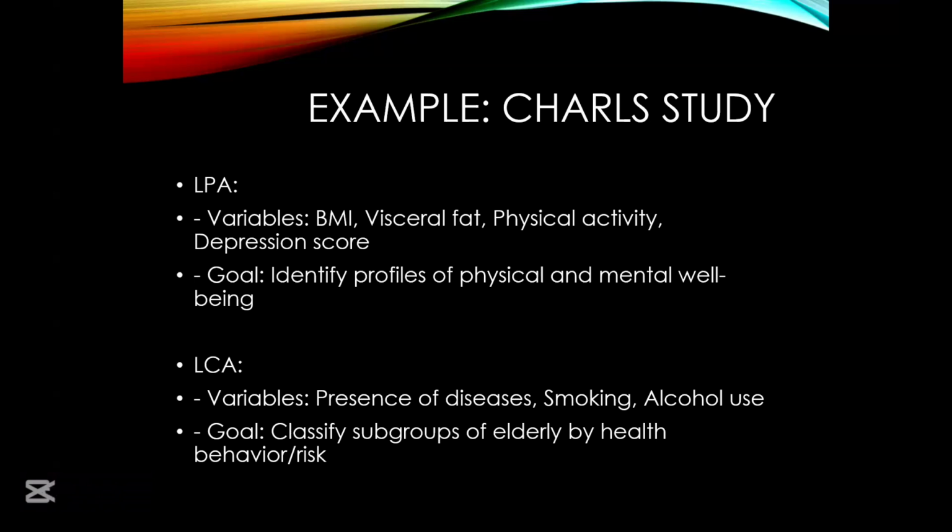And if you want to apply the LCA method, then you want to consider variables such as the presence of some diseases, alcohol intake, or even smoking status. And then here you're going to classify the class groups of elderly by their health, behavior, or risk. And so basically, these are the key distinct features between the two concepts, LCA and LPA.